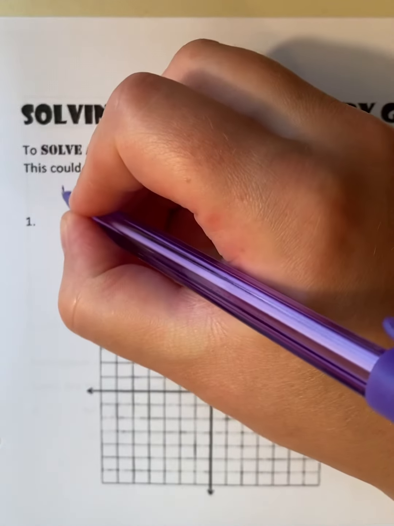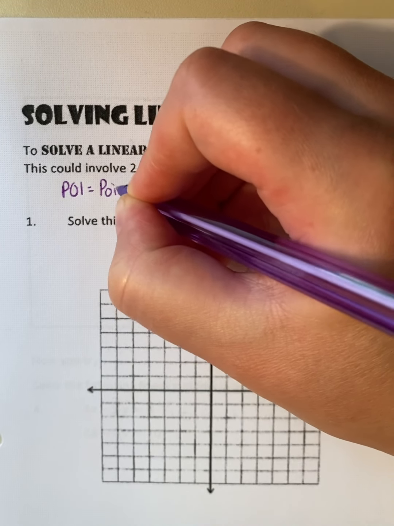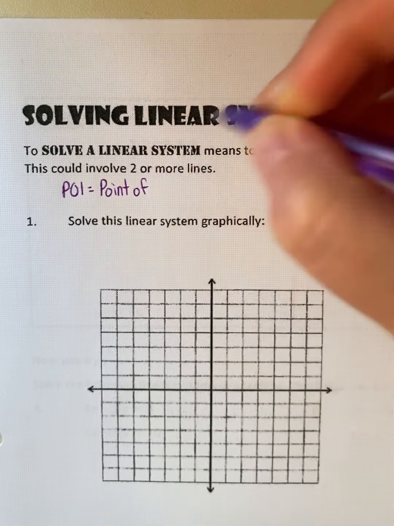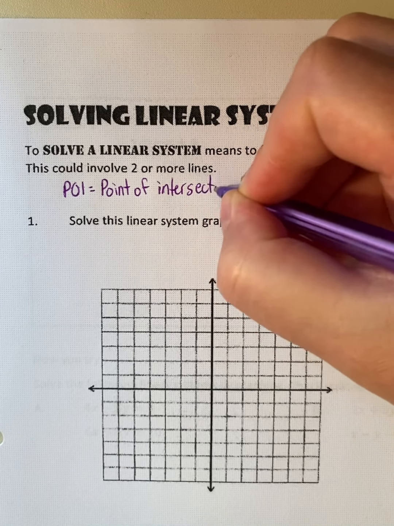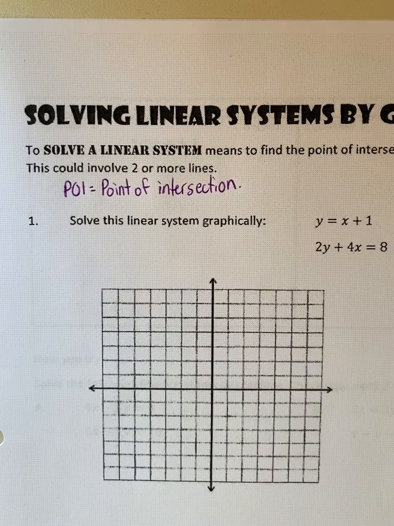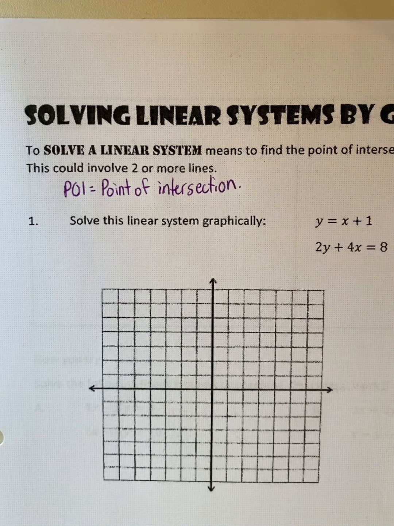So POI means point of intersection. And this is what we're finding if we are putting together a solution to a linear system.